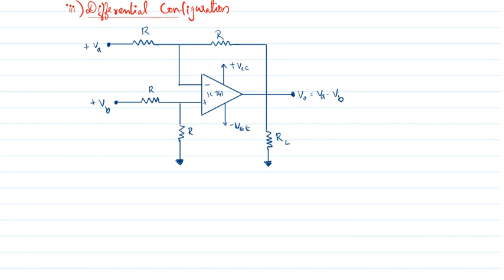The circuit drawn here is a basic differential amplifier used as a subtractor.